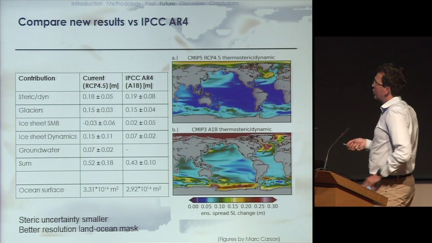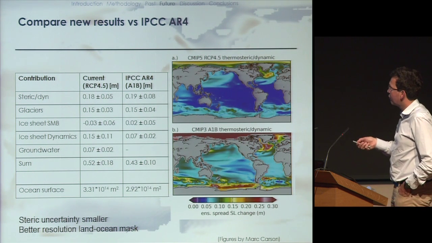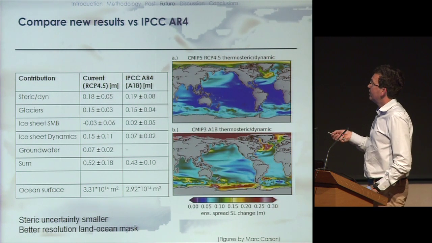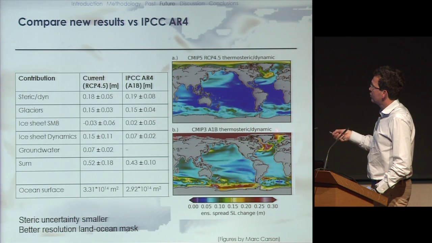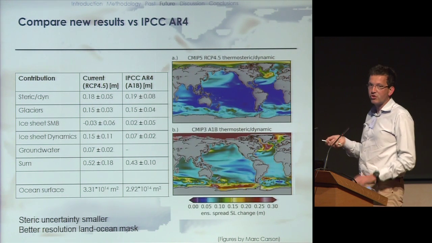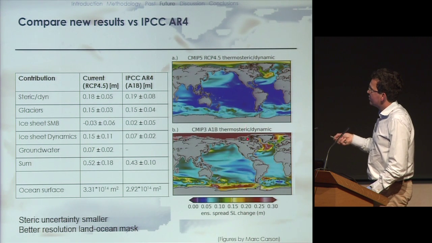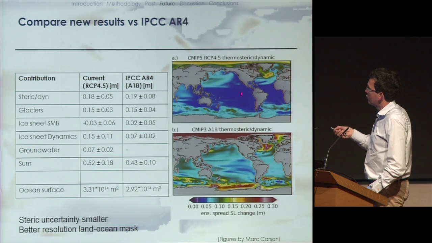So if we look to the progress from the AR4 to the AR5 report, which is on its way, we can compare, for instance, the CMIP 3 runs, which were used in the AR4, and the CMIP 5 runs, in slightly different scenarios, but you can clearly see in these figures that the spread in the models is getting smaller, particularly in the Southern Ocean.